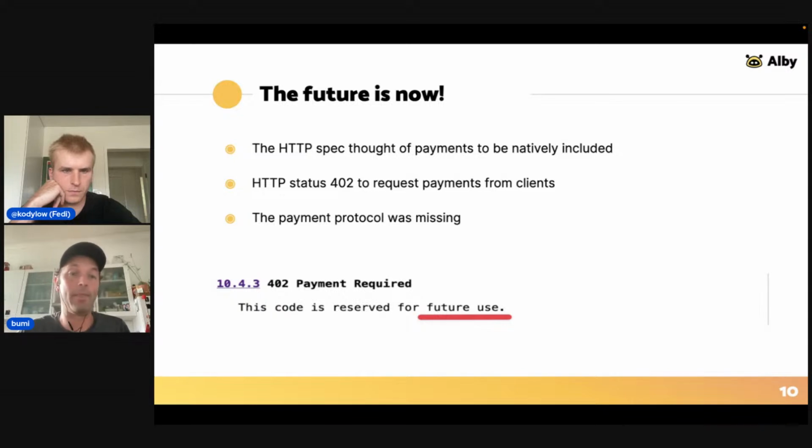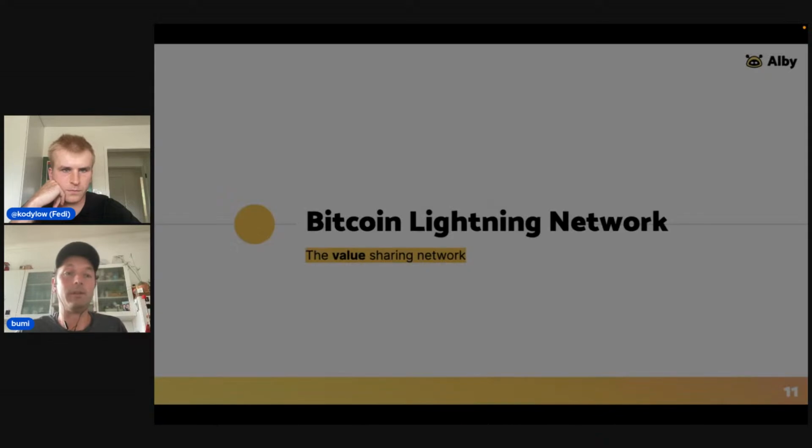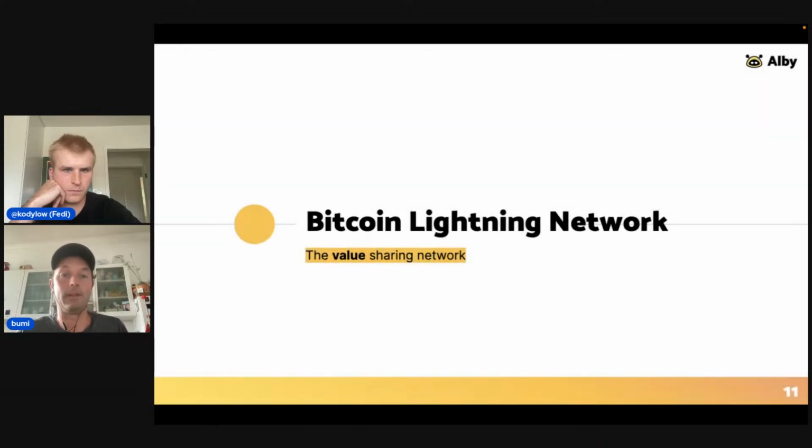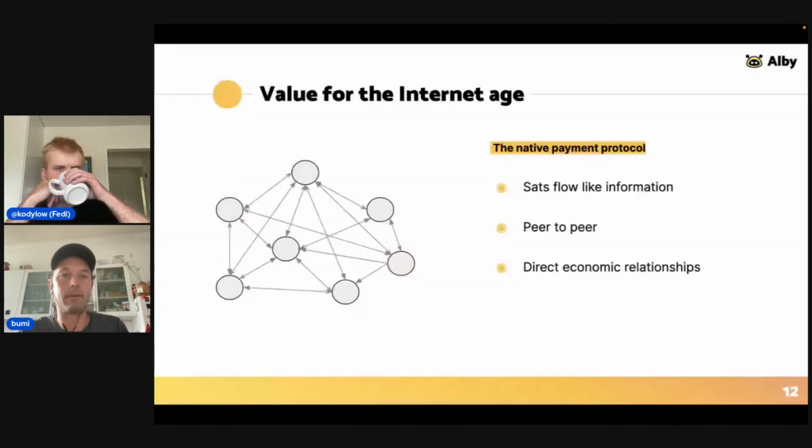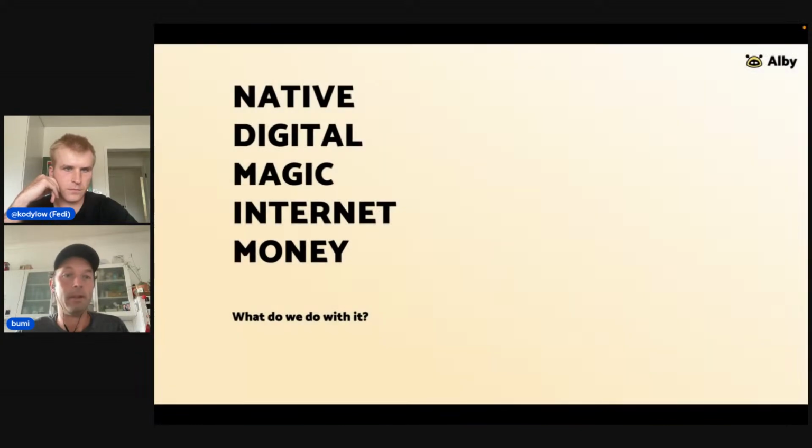So even back then, they were already envisioning this future where we have native internet money, which we now have with the Bitcoin Lightning Network. So, value for the internet age, with this protocol now flows like information, right? We have a peer-to-peer model, and now suddenly direct economic relationships are possible, which is a huge innovation for all the developers out there who can now add monetization options quite easily.